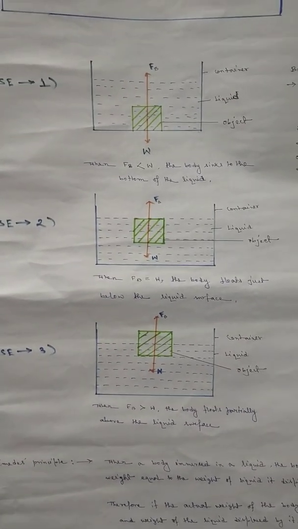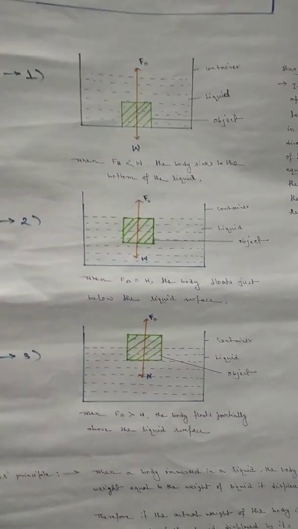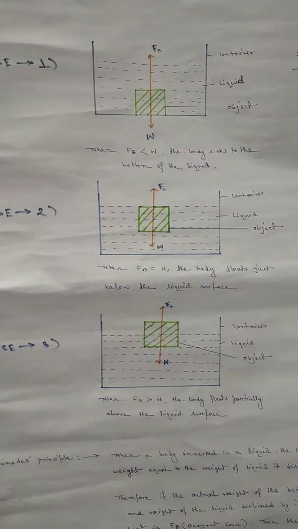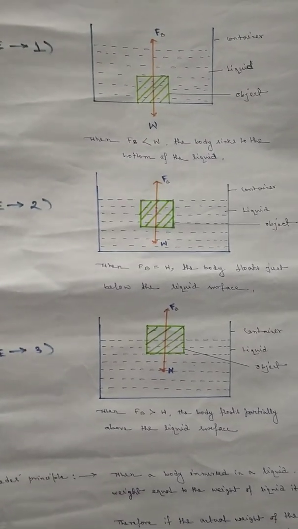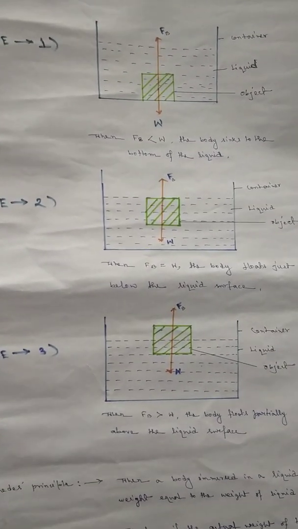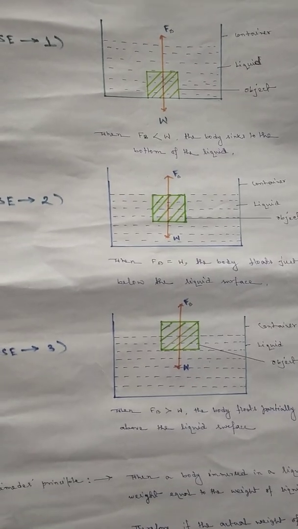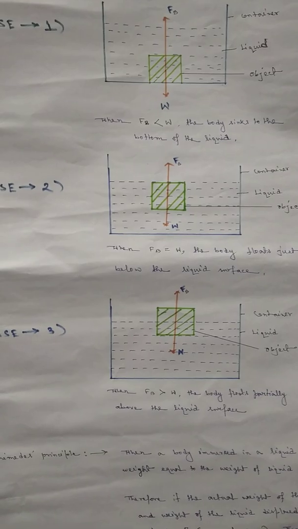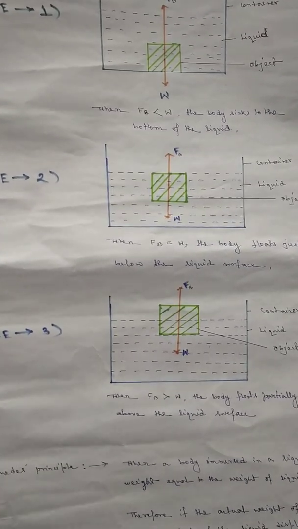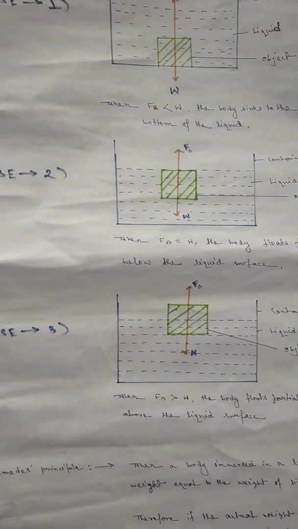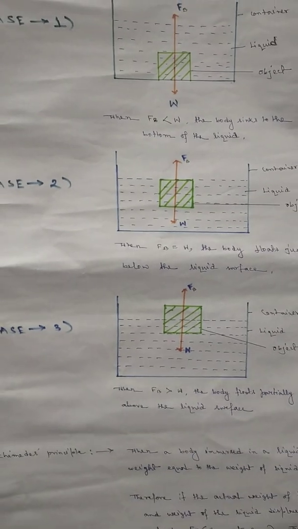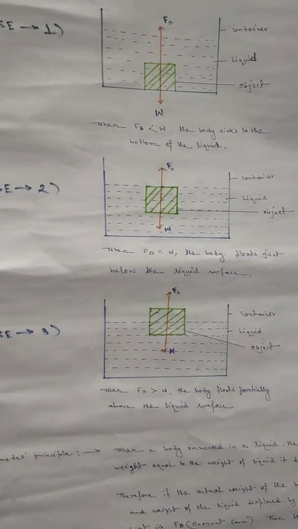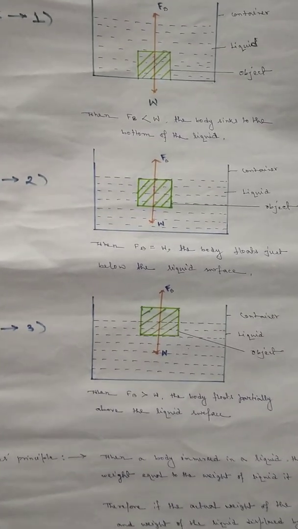If buoyant force is less than the weight of the object, the force acting downward is greater than the force acting upward, so the resulting force acts in the downward direction. That means the body sinks to the bottom of the liquid.